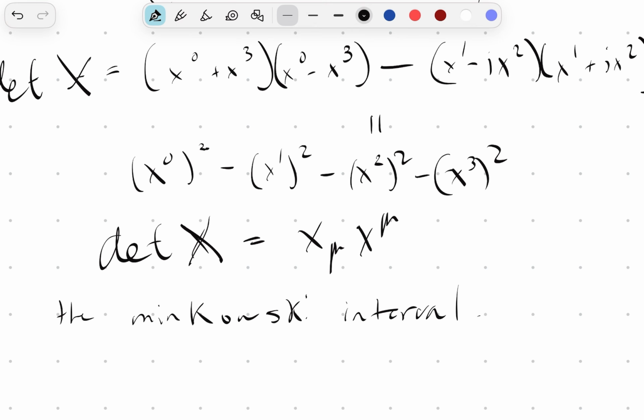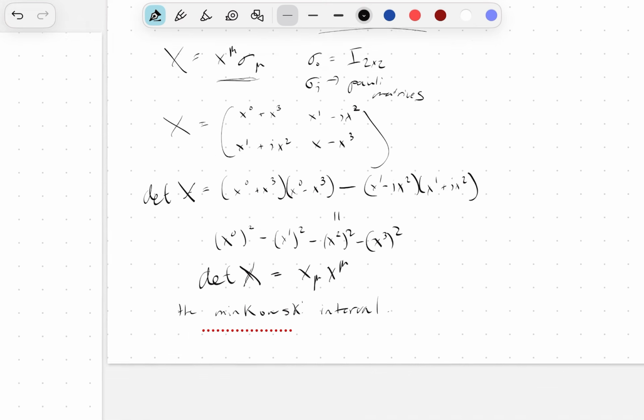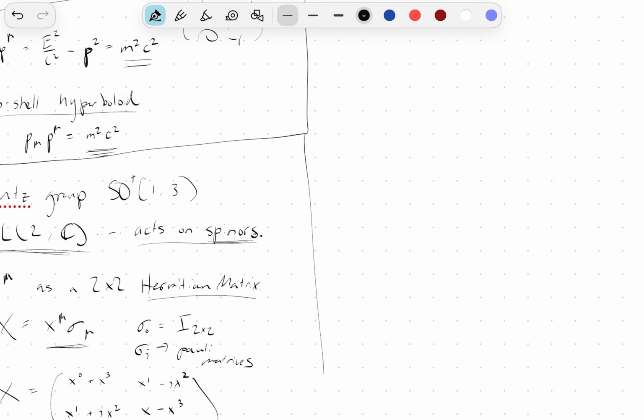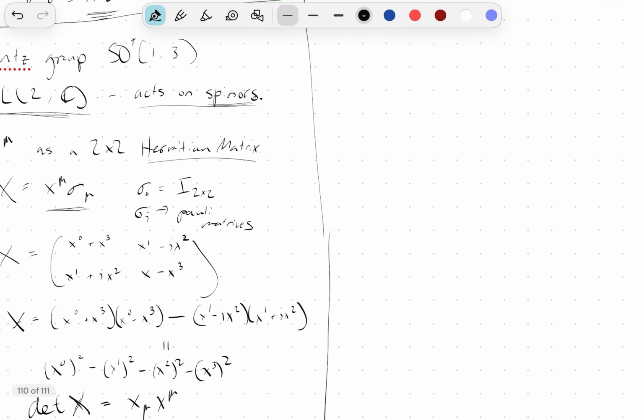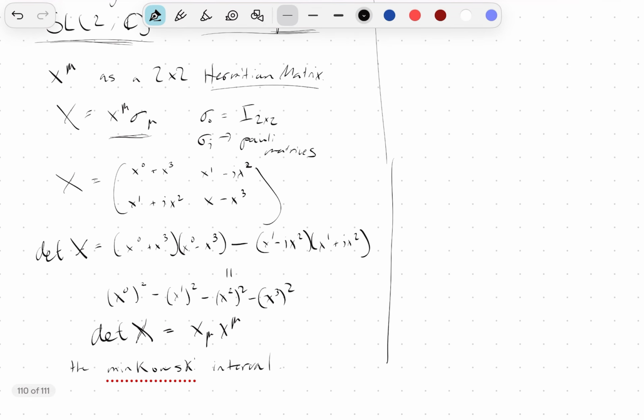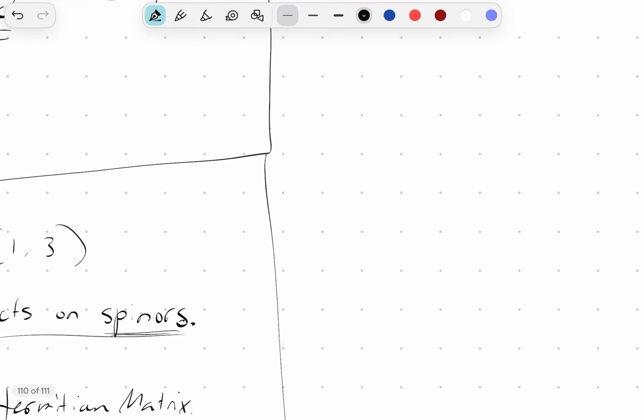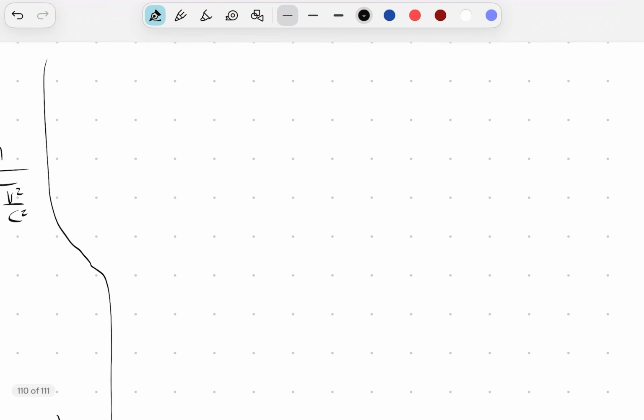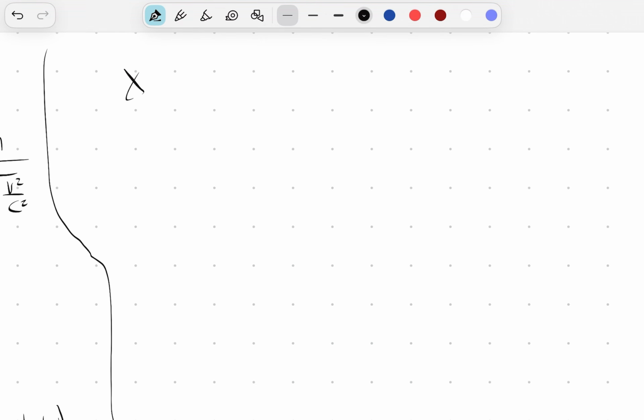All right. Now what we can do is consider a transformation on this matrix itself. Let's say we have x going to x prime.